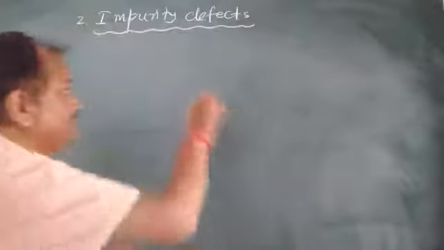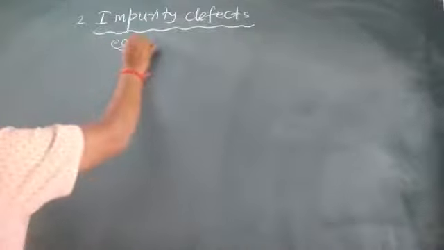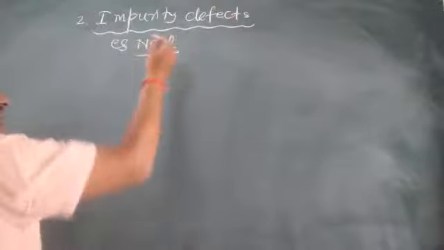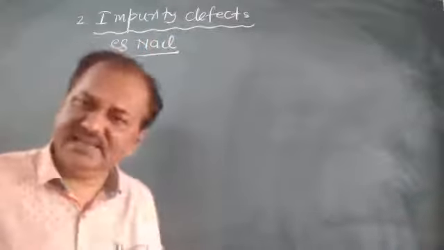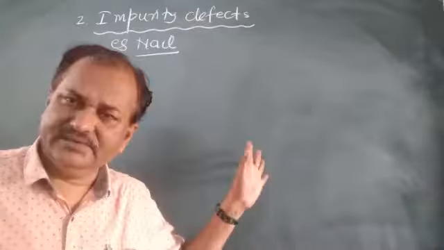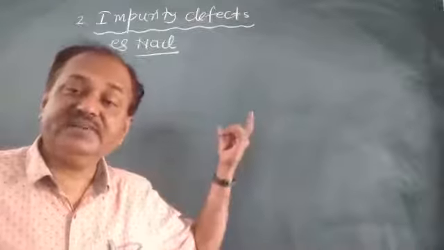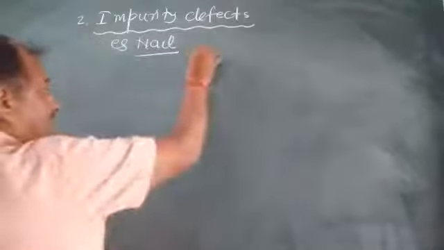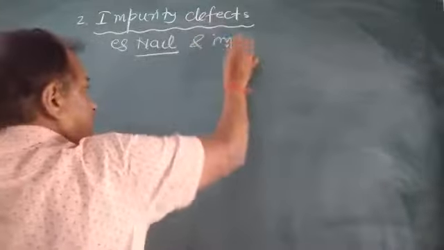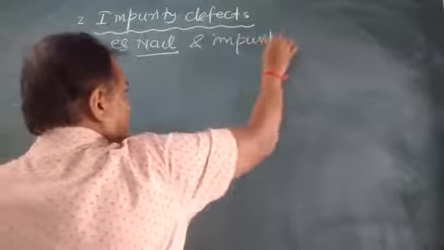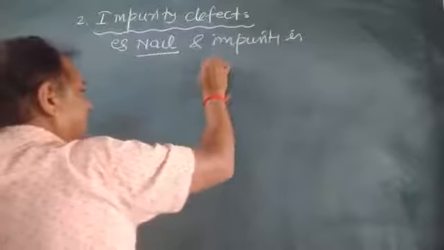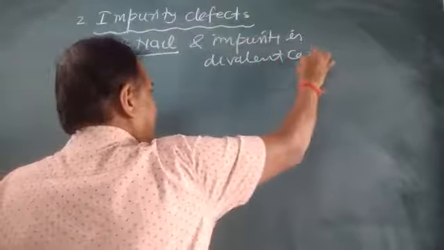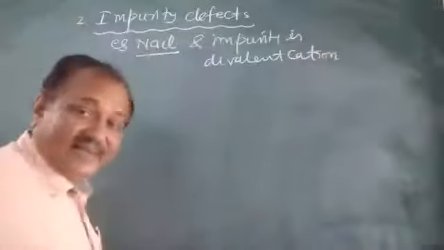For example, if you take NaCl as the main substance, or any monovalent, the main substance must have a monovalent cation, and the impurity is a divalent cation.